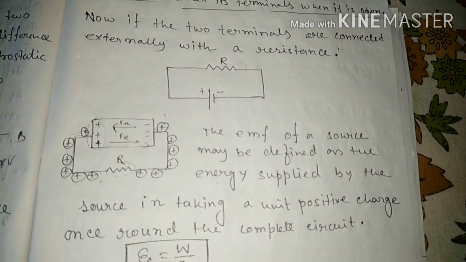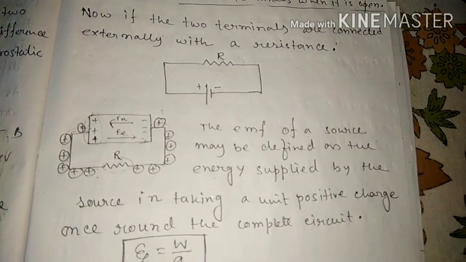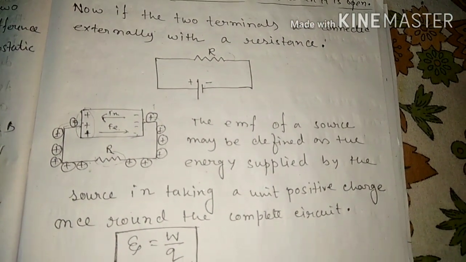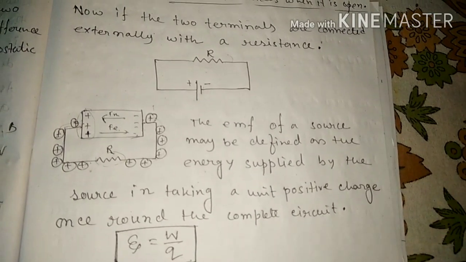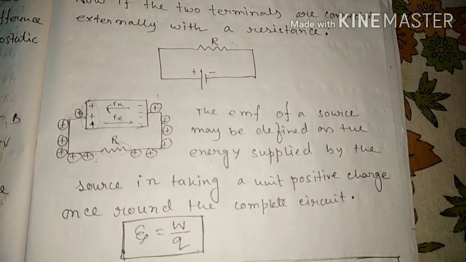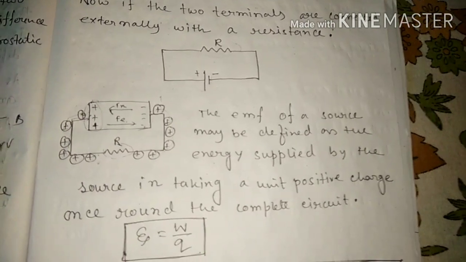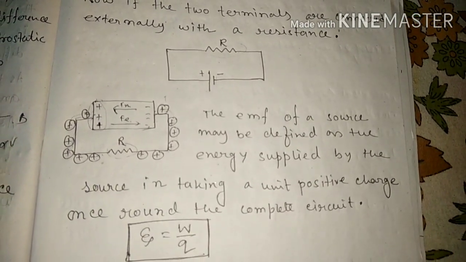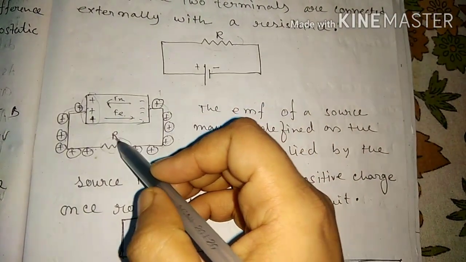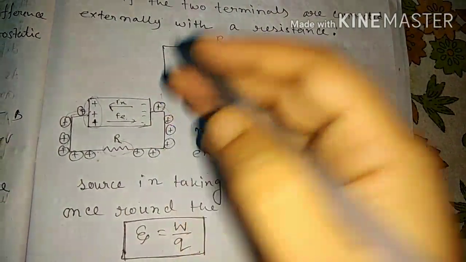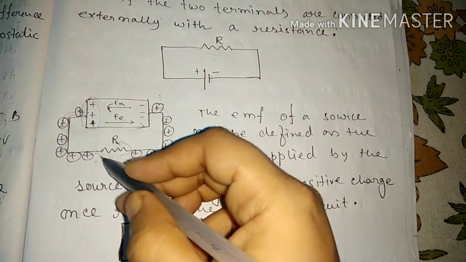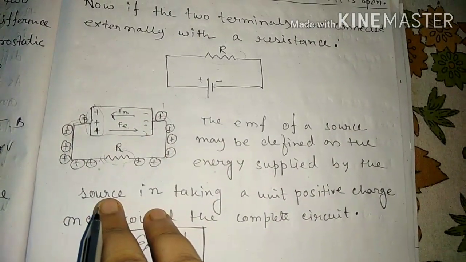But by the conservation of energy, energy can neither be created nor destroyed, it only converts into other forms. So heat is generated across the resistor.